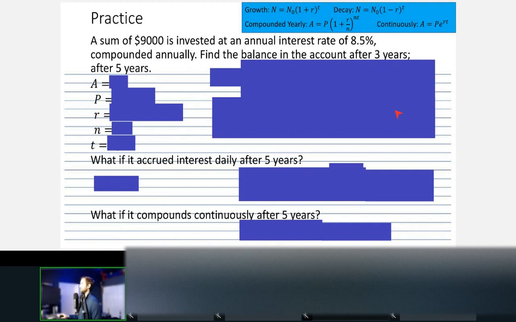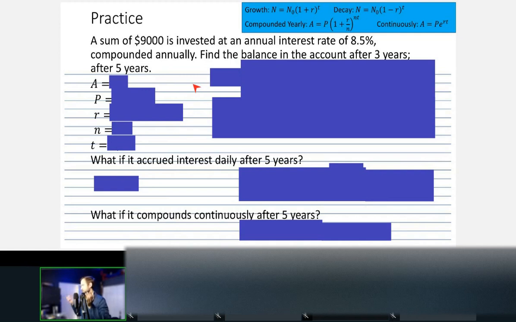I'm gonna pick on Ryan, just because it looks like when you entered it, you forgot to enter one of the zeros. But if you look at the amount we're starting with, $9,000, and Ryan, I'm looking at your answer, it's just a little over $1,000. So looking at the amount after 3 years and the starting amount, does it make sense?